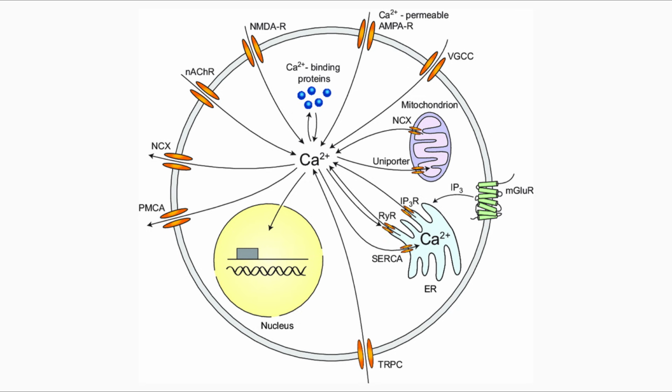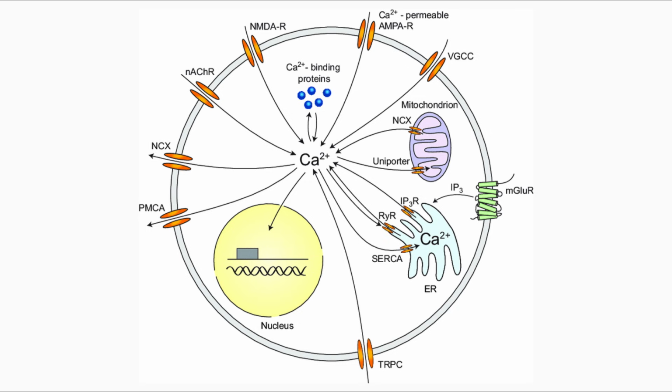These enzymes, when activated by calcium or calmodulin, remove the phosphate groups from the target proteins in the postsynaptic density, leading to synaptic weakening, for example, by dephosphorylating AMPA receptors or their anchoring proteins, which can cause the AMPA receptors to be removed from the synapse, like I said near the beginning of the video.